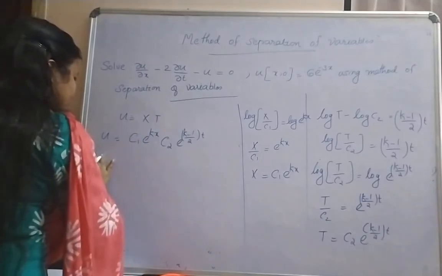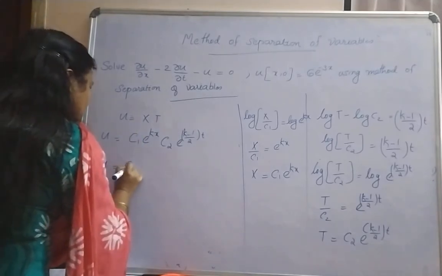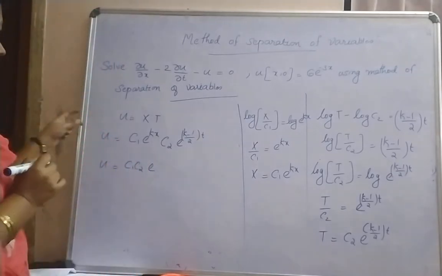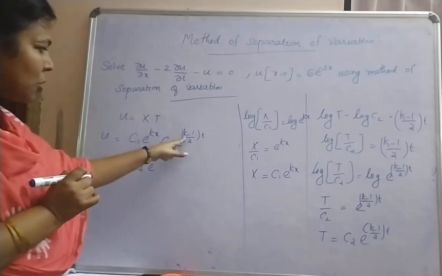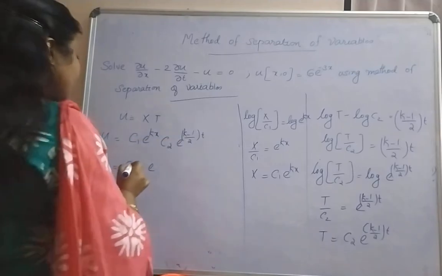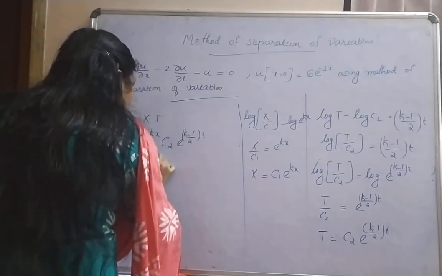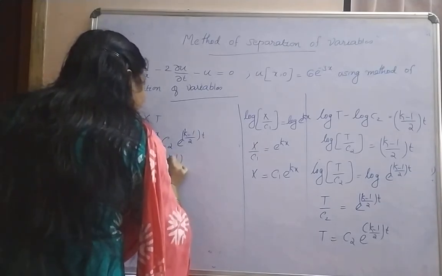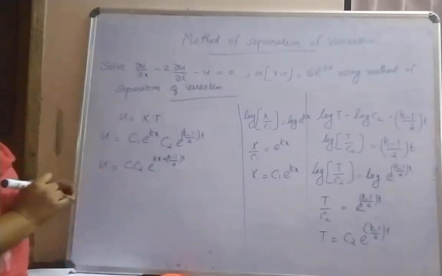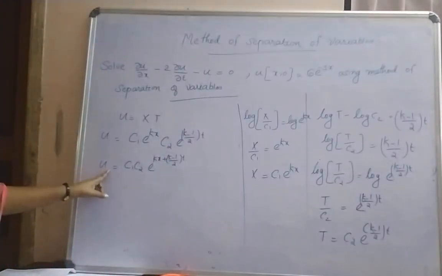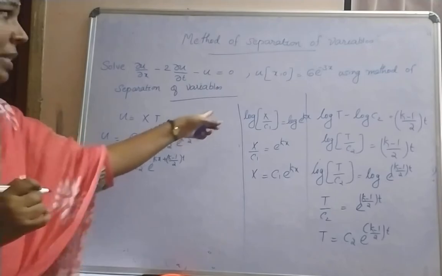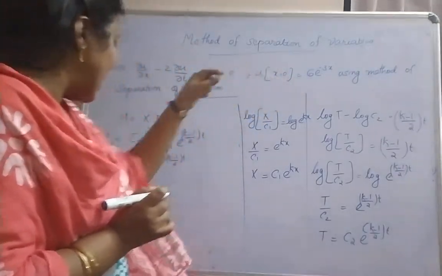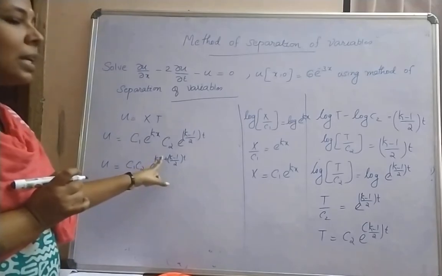Now we write this as u equal to c1 c2 e raised to a into e raised to b, which is e raised to a plus b. So e raised to kx plus (k minus 1)/2 into t. We get the solution, but a condition is given. Therefore, we have to find the values of C1, C2 and k.